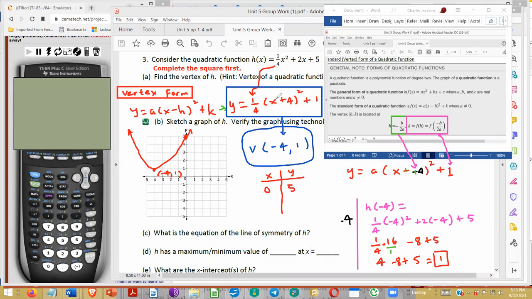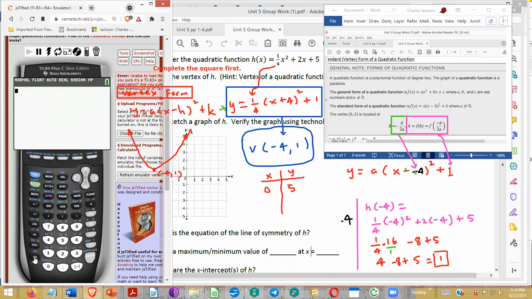Verify with the graphing utility. So I'll put the original h of x in there. x squared plus 2x plus 5.